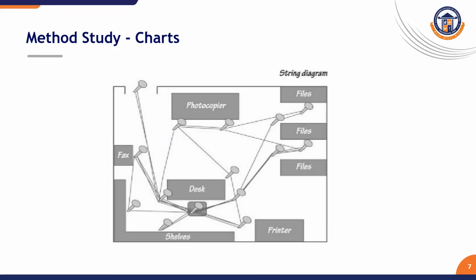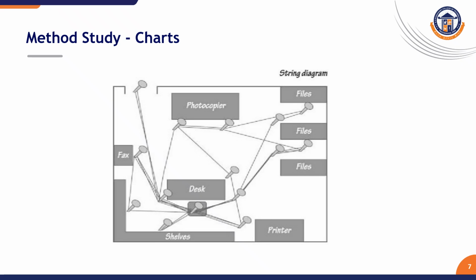This is what you take, utilizing charts. Then another chart, called a string diagram, is used to make the operator understand the number of times he is going from one table to the other. From one workstation to another, you take a string, put a board, like a carom board, take a wooden board, put nails on each workstation and draw a string.